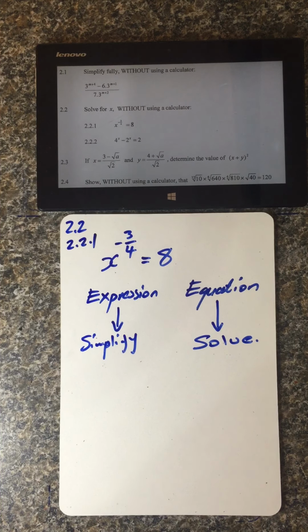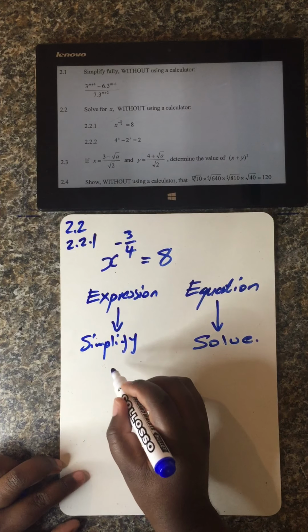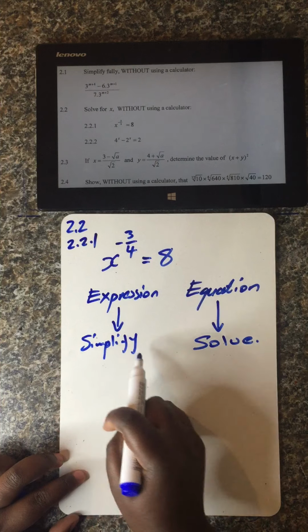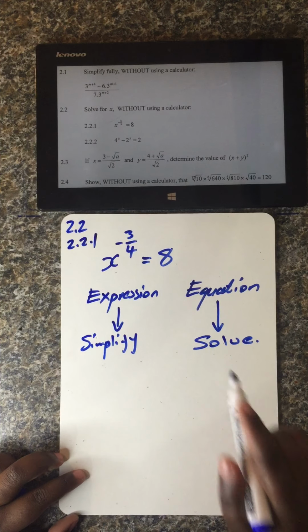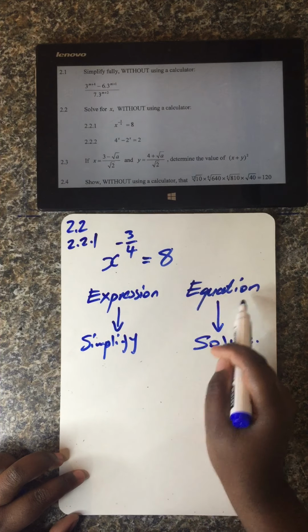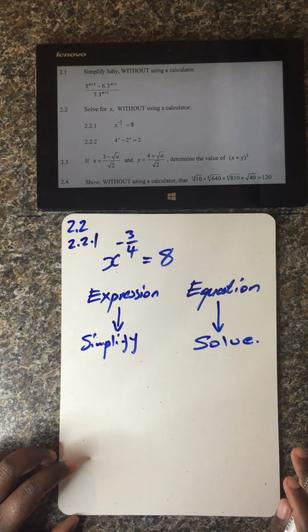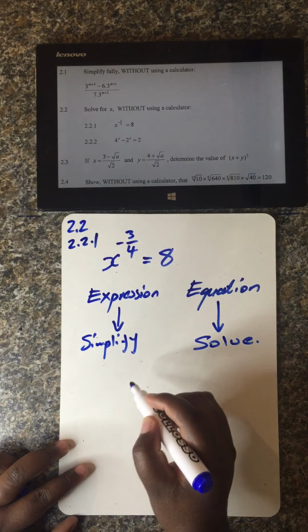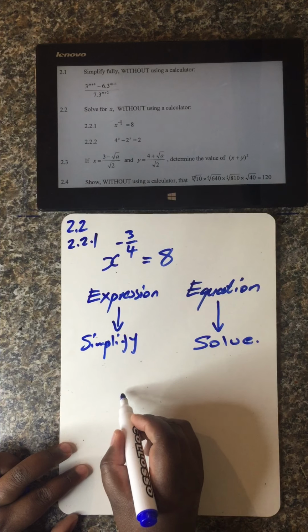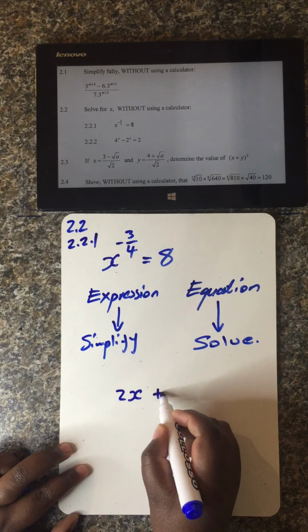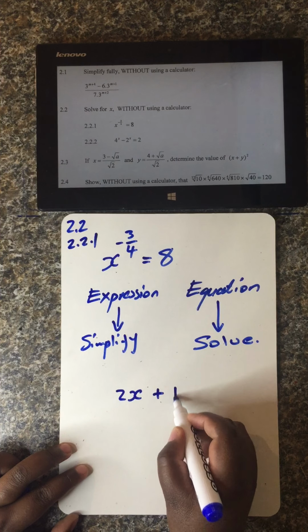Okay, so ladies and gentlemen, how do you know that you are given an expression if they didn't say simplify? How do you know that you are given an equation if they didn't say solve? Okay, so you can have something like, let's say, 2x plus 1.